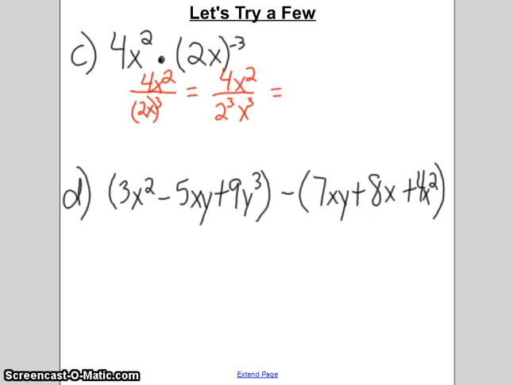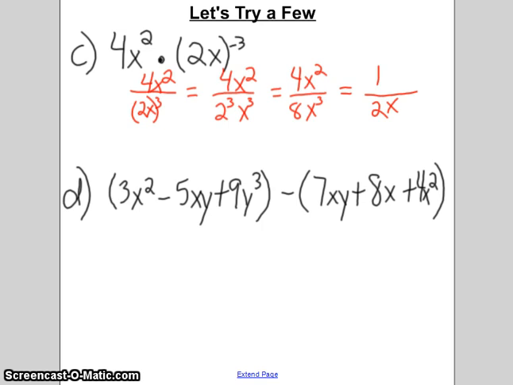Now that gives me 4x squared, 2 cubed is 8, x cubed, and now I simplify. I say to myself, what's 4 divided by 8? 1/2. And then when I look at my exponents, I'm going to subtract my exponents and I want to keep the variable in the greater value. So in this case it's the cube. So I end up with 1 over 2x.